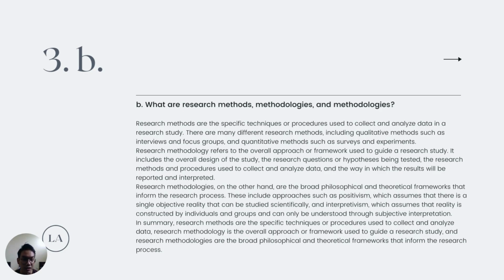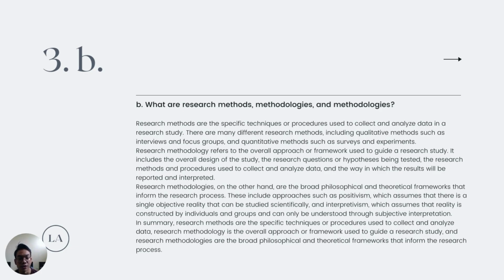It includes the overall design of the study, the research questions or hypotheses being tested, the research methods and procedures used to collect and analyze data, and the way in which the results will be reported and interpreted. Research methodologies, on the other hand, are the broad philosophical and theoretical frameworks that inform the research process.